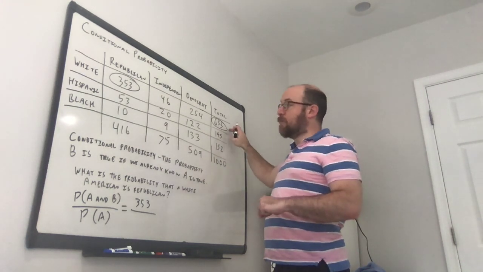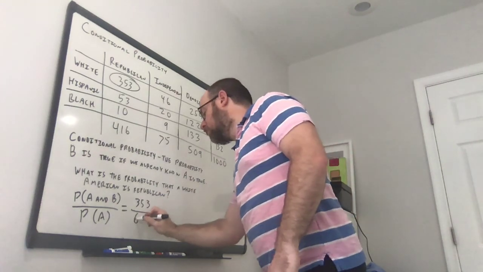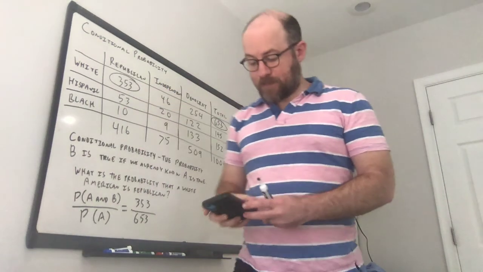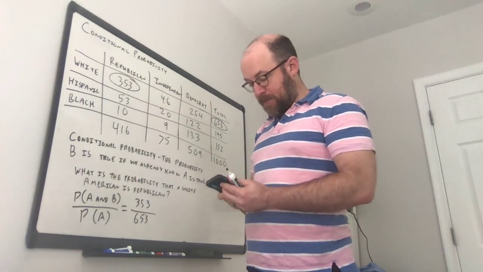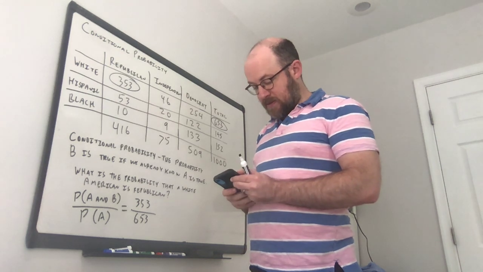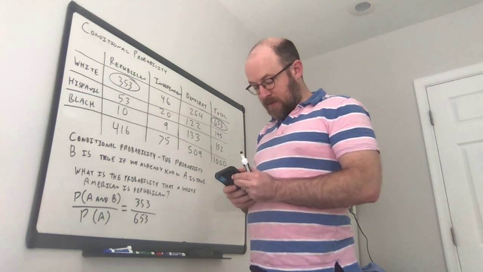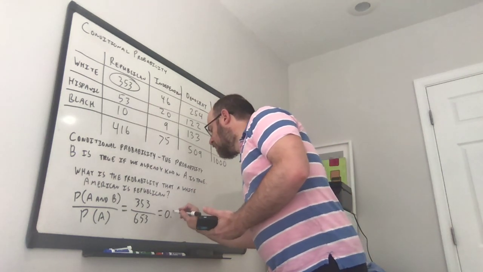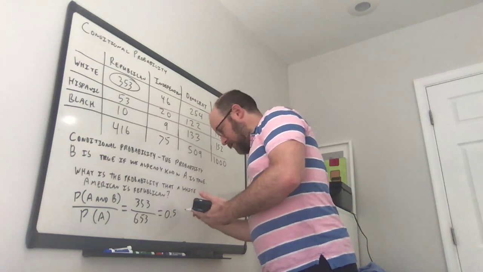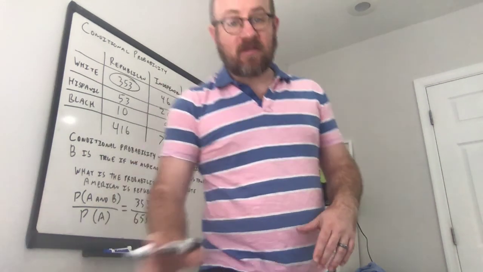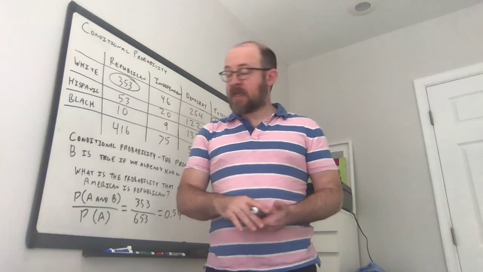So 353 divided by 653 is 0.54, 54%. That's substantially different than the 41.6%.